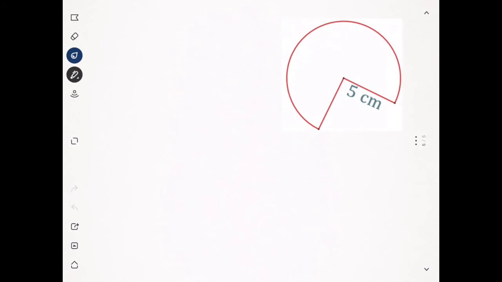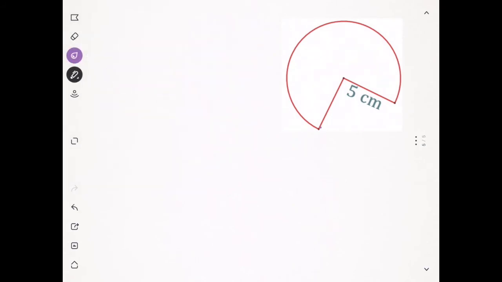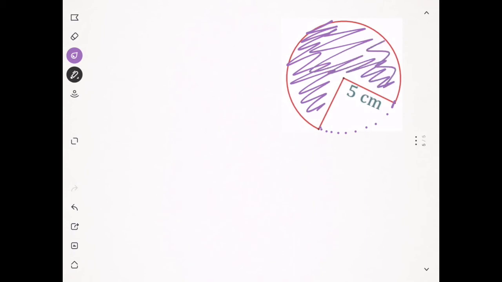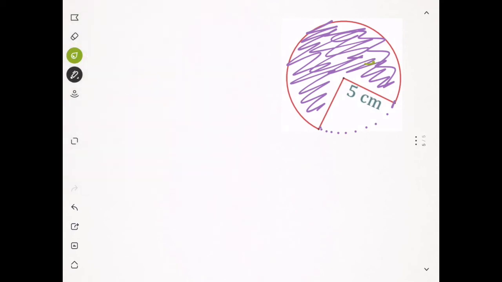And this last example, the Pacman example. Once again, we're going to pretend it's a full circle. But we only want to find the area of the Pacman here. Let's give him an eye. Okay, so step 1, we're going to pretend it's a full circle. We identify what is the radius. The radius is 5 centimeters.